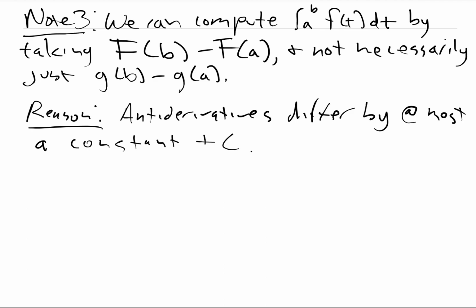We said for your most general antiderivative, you throw that plus c on because you don't know what plus c you started with. So a way to interpret this is, if my f versus my g are both antiderivatives, I could think about my f of x as being just g of x plus some constant on the end.